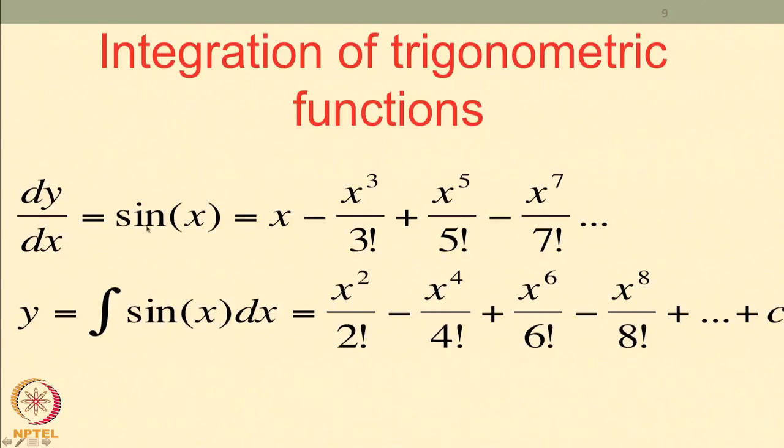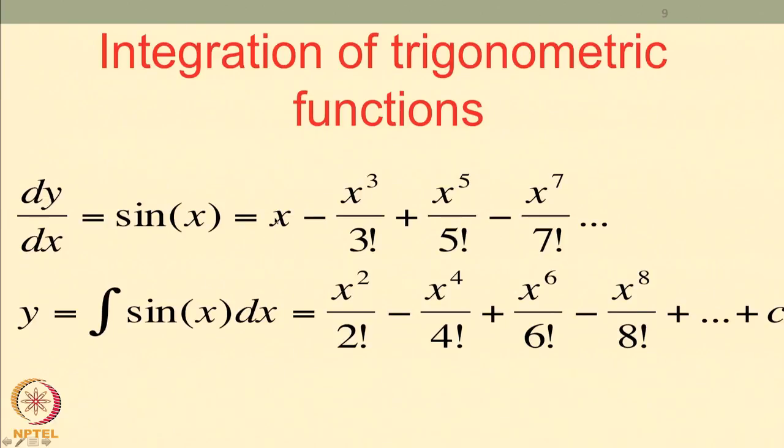We know that the expansion for sin x is x minus x cube divided by 3 factorial plus x power 5 divided by 5 factorial minus x power 7 divided by 7 factorial, and so on and so forth. So if the slope is sin x, the integral of sin x will turn out to be the function.